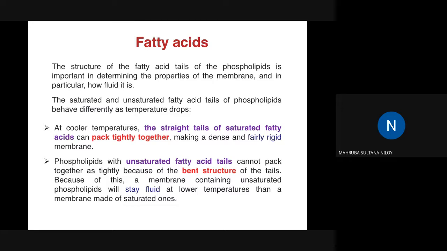So actually our body temperature is very tightly regulated. Whether the surrounding temperature rises or falls, our body always maintains 37 degrees. And if for some reason body temperature decreases, then we call it hypothermia. And if the body temperature increases, then we call it hyperthermia.